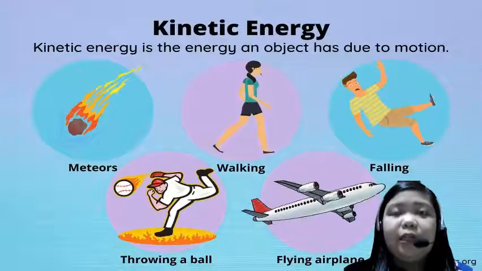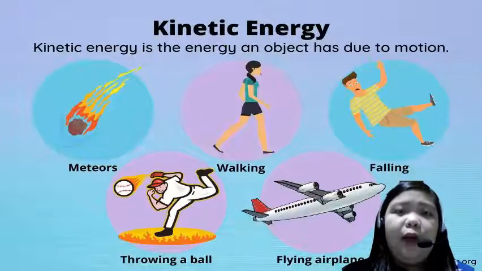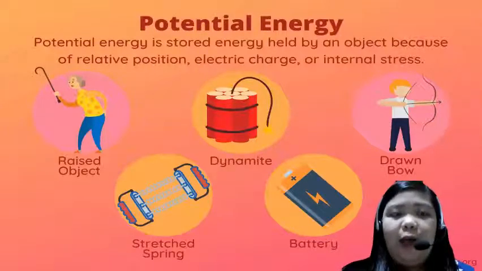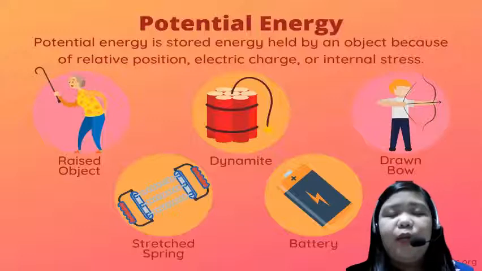Always remember that kinetic energy is a kind of energy that exists with an object, an individual, or an organism that has motion. On the other hand, if kinetic energy is energy in motion, we have potential energy, which refers to the energy stored or held by an object because of relative position, electric charge, or internal stress. So we have a raised object. When an object is still raised and there is no further motion, the raised object contains potential energy.